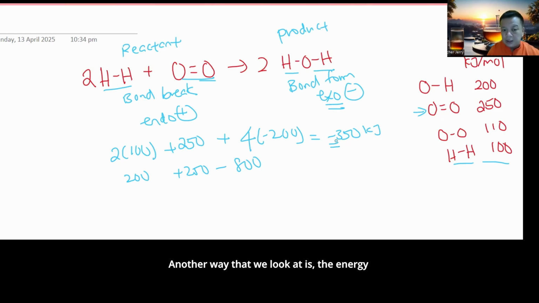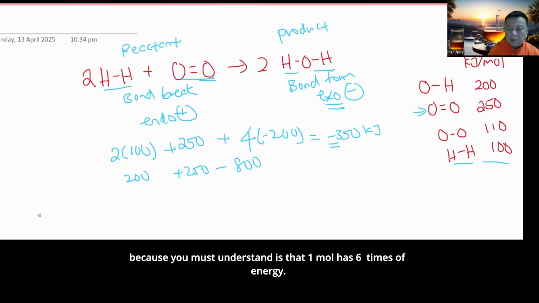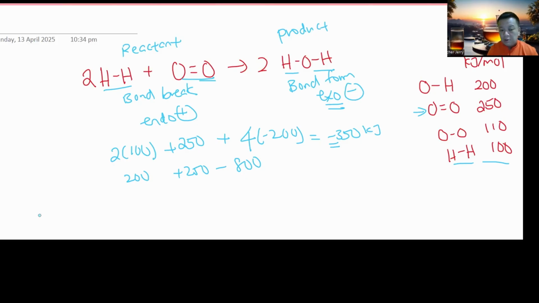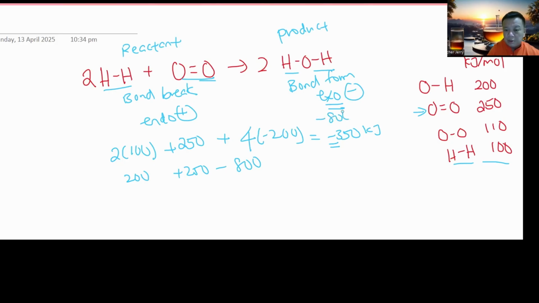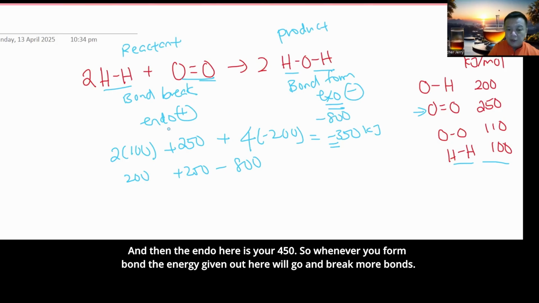Another way to look at it is this. We must understand that one mole has 6 times 10 to the power 23 molecules. When the bonds are broken, and then you form bonds, the energy for bond forming, we know, is minus 800. And the endo here is your 450.